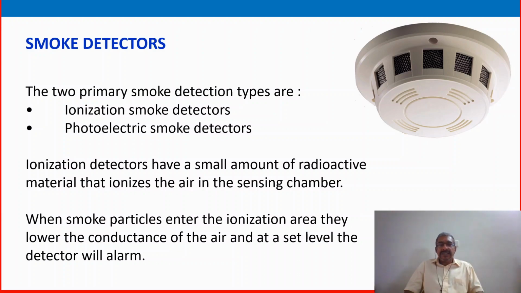To prevent a hazardous condition or a big fire, smoke detectors can work and mitigate the fire hazard in that area. Ionization detectors have a small amount of radioactive material that ionizes the air in the sensing chamber. When smoke particles enter the ionization area, they lower the conductance of the air, and at a set level the detector will alarm.